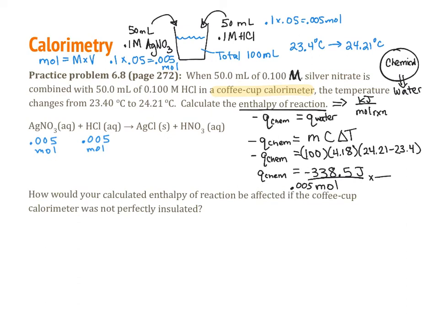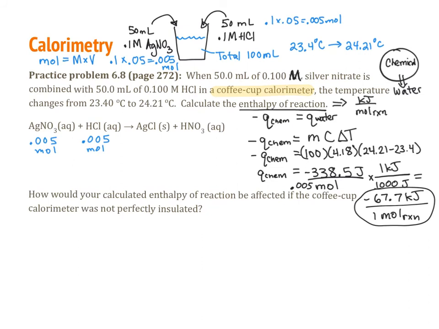I also want to convert joules to kilojoules, so there are 1,000 joules in 1 kilojoule. So when I make those two adjustments, I find that there are negative 67.7 kilojoules for every 1 mole of reaction. So there's our heat of reaction in terms of 1 mole of reaction.